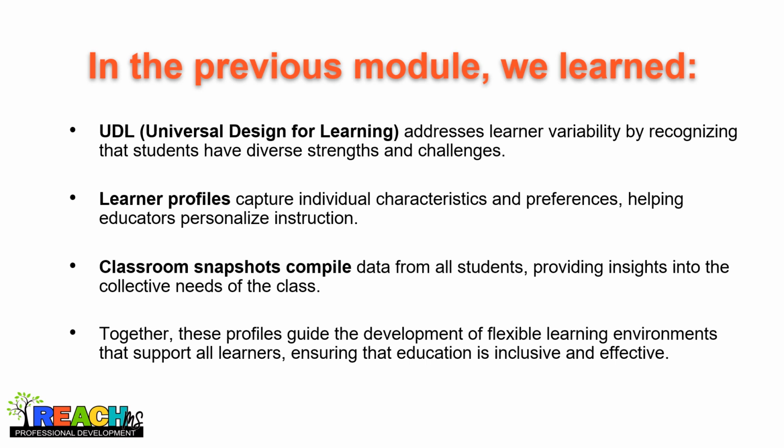We also learned that learner profiles capture the learner variability, which helps educators personalize the instruction, and classroom snapshots compile the learner profiles, providing insights into the needs of the class. Together, all of this helps guide the development of flexible learning environments that support all learners, ensuring that education is inclusive and effective.